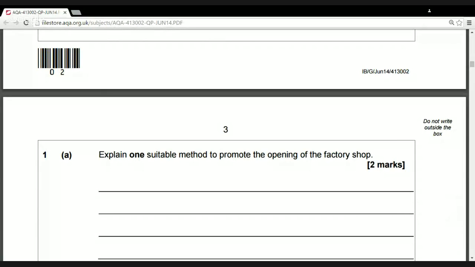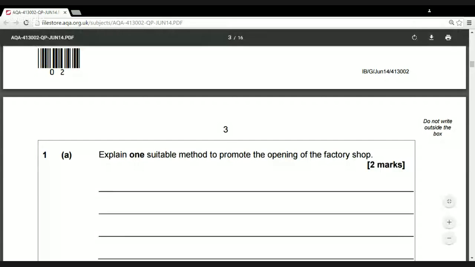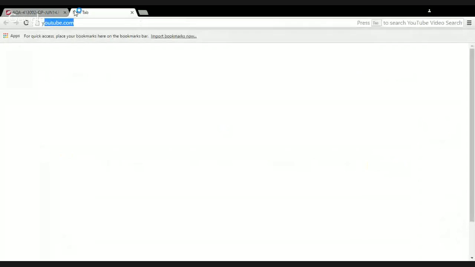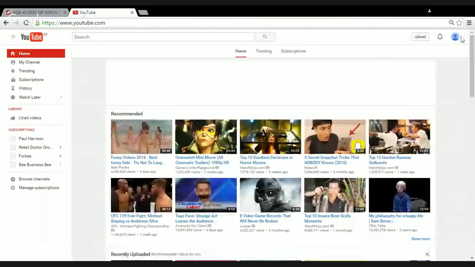Can we use this group chat here? Let's see. If you're in the group chat, you can actually chat using the actual chat board. I'm not sure exactly how it's working at the moment, so we'll have to see. Let's see. Yes.